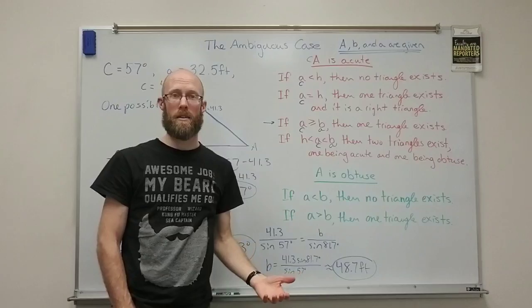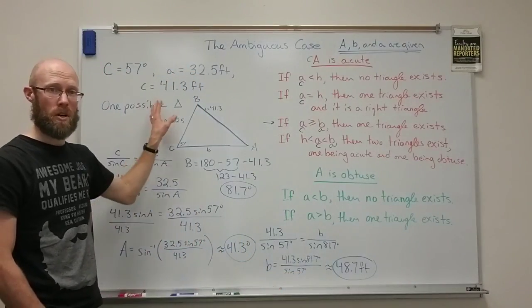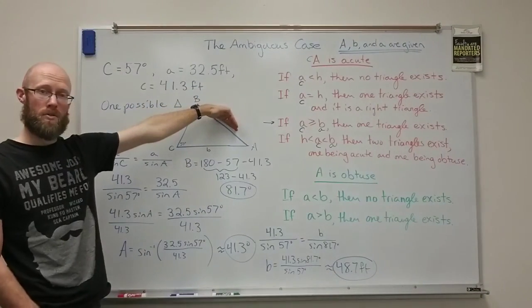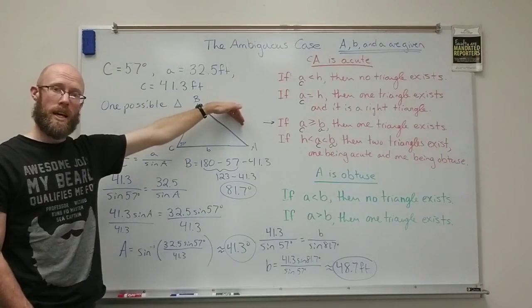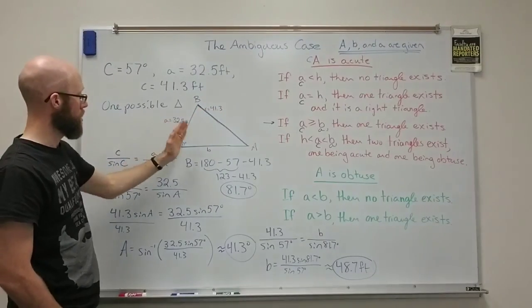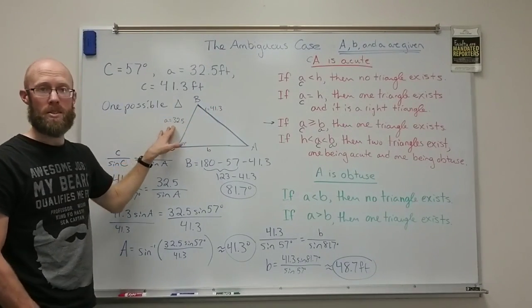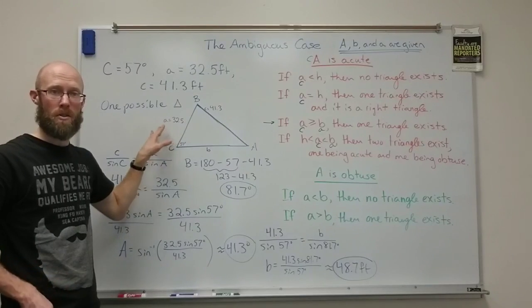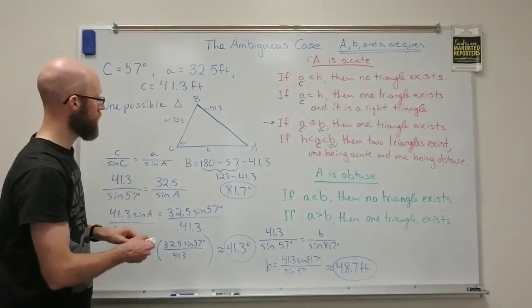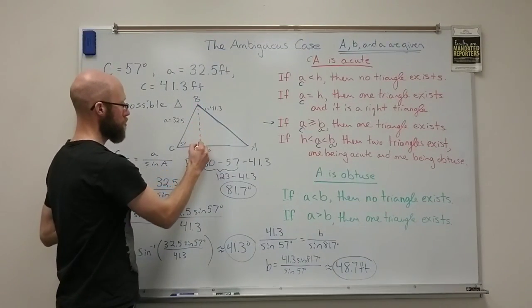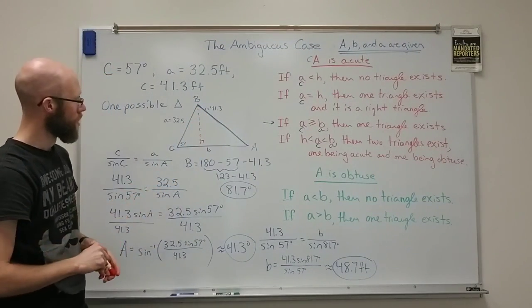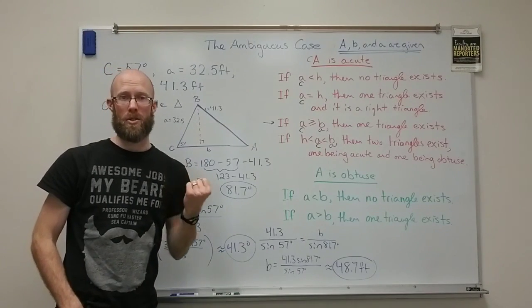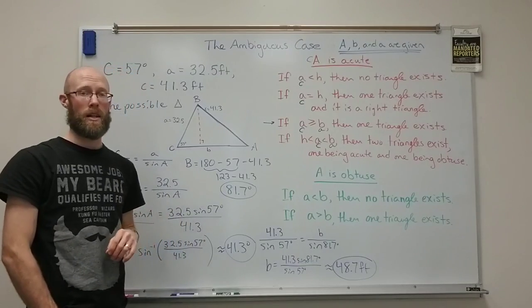And if that's not clear to you, then I would just suggest drawing a diagram out and then using this opposite side across from the angle that's given and just compare it. If it's bigger than the adjacent side that's given, then there's only one triangle. If it's smaller than that one, then you'd have to figure out, based upon the perpendicular height, whether or not there's two triangles, one triangle, or zero triangles, okay? Like we did in the last video.